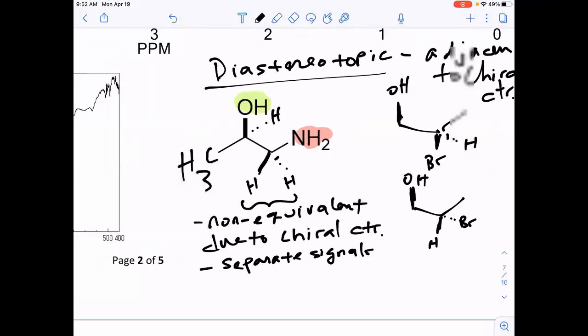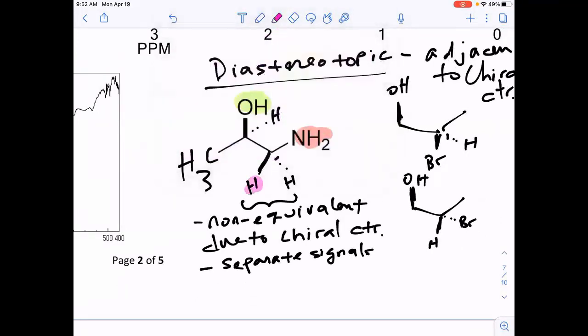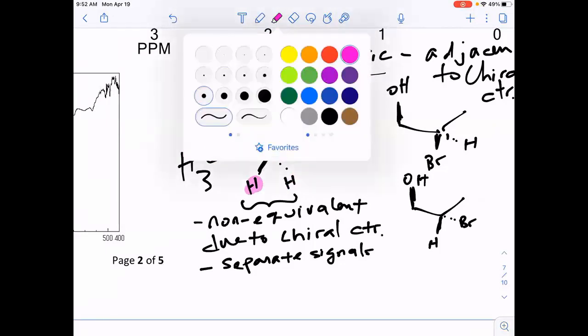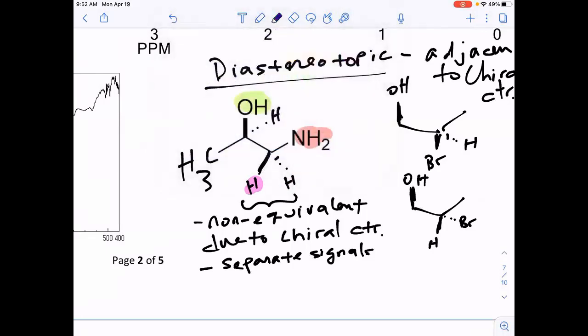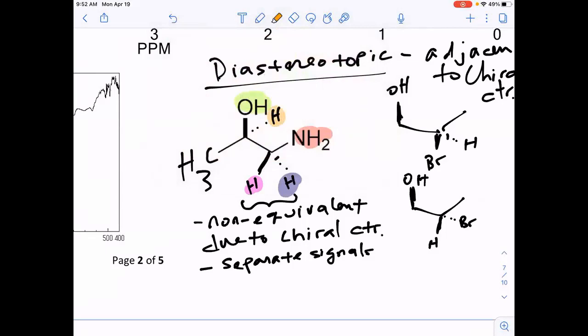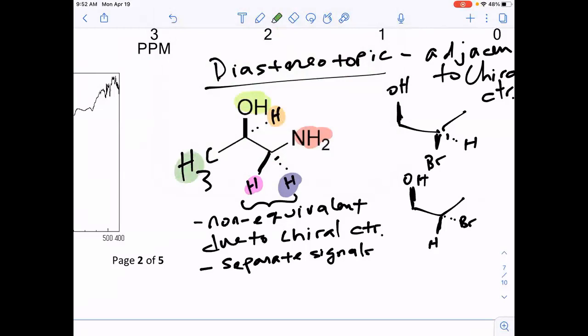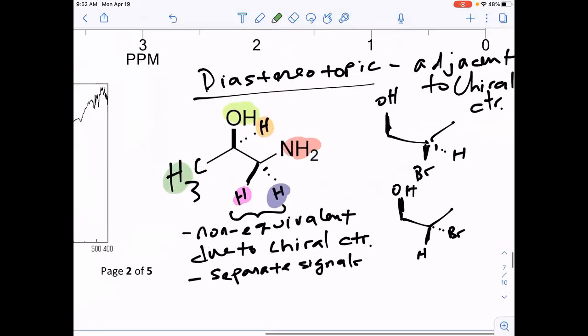So we should have a signal for here, and then here. I'm not doing them all the same color. Here, and then the CH3 right here. So we can do the CH3 first.